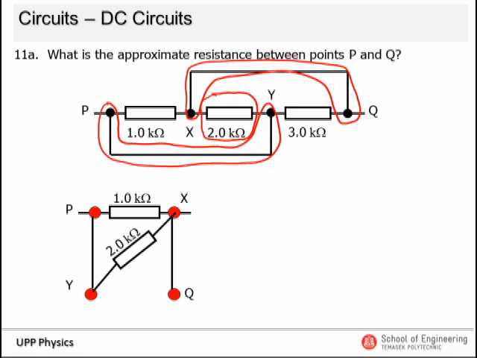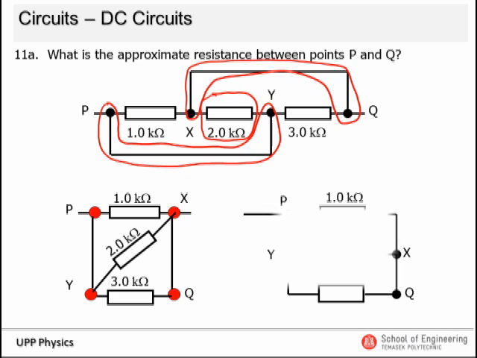Finally, we will draw the resistor between Y and Q, which is the 3 kilo ohm resistor. So upon rearranging these three resistors, it will look like this. The three resistors are in parallel.